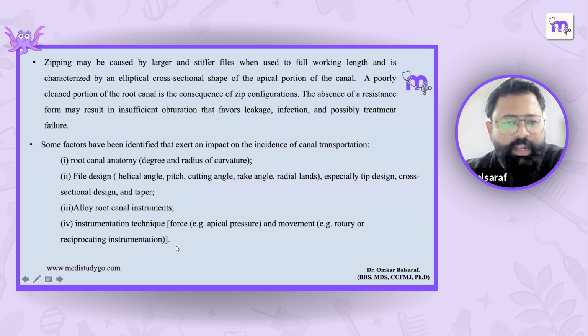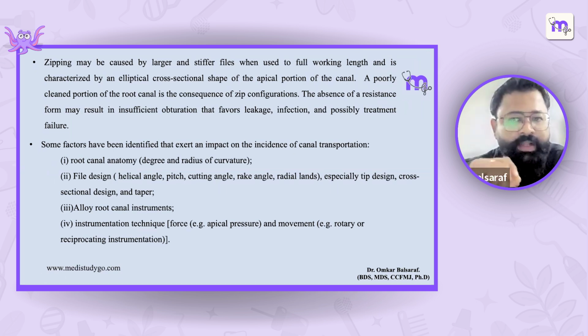First is the root canal anatomy or the degree of curvature. There is a radius of curvature for any kind of root. Second is the file design. What kind of taper does it have? What are the helical angles, the pitch, the cutting angle? All these things will govern the impact of these instruments on canal transportation.